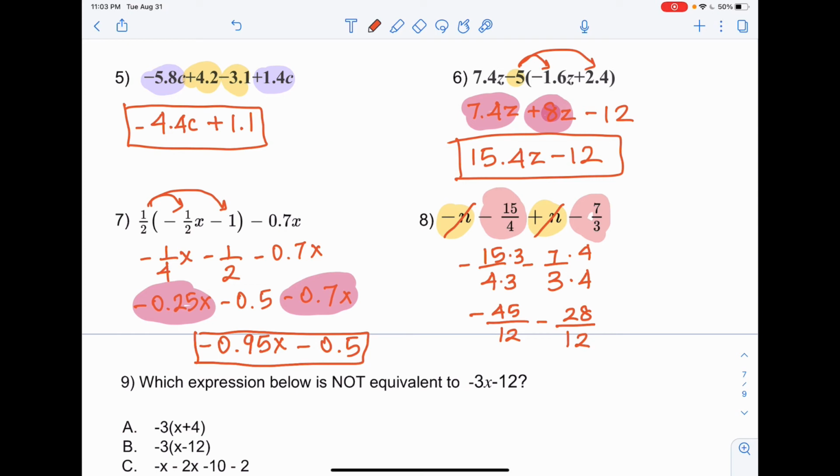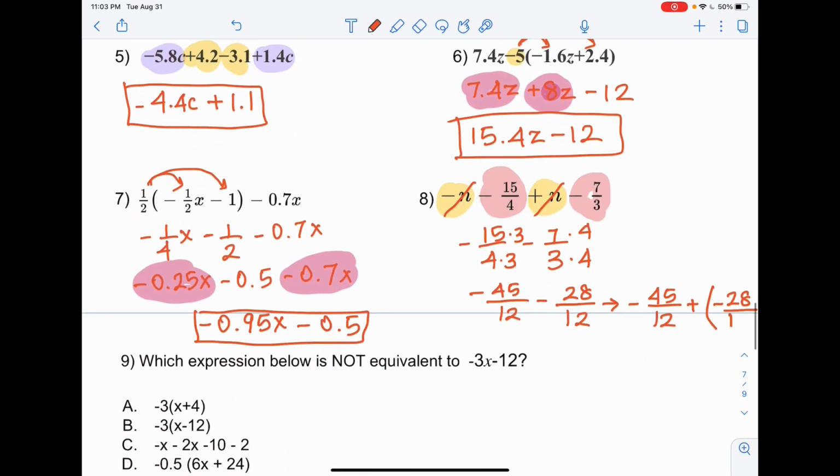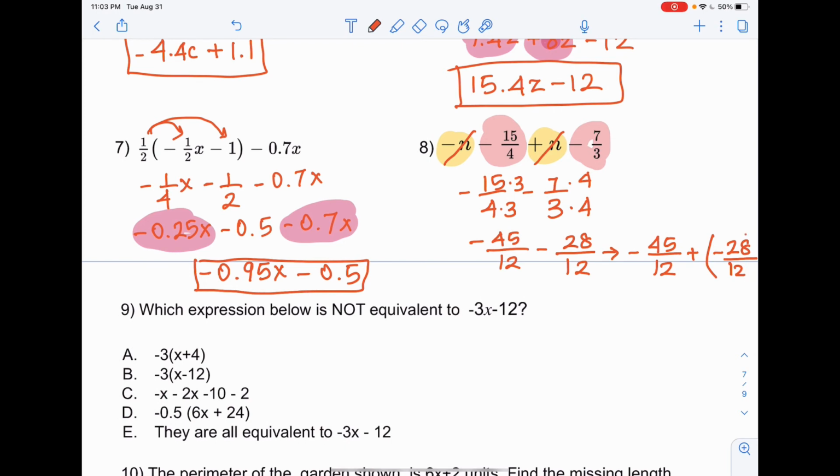So when I add them, let's rewrite it using addition before we do. So it's negative 45 over 12, because subtracting is adding the opposite. So we're going to add its opposite, which is negative 28 over 12. So from here, we have two negative numbers.